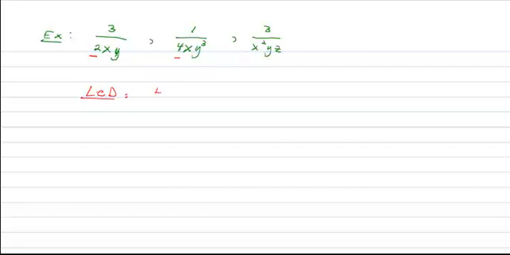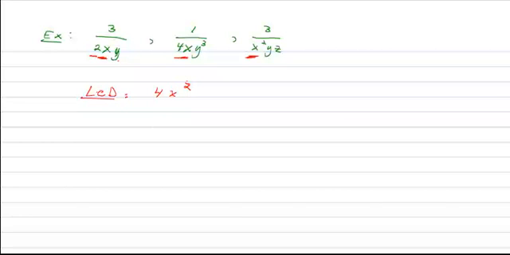That's going to be 4. Now let's look at the variables. In the first expression, we have x to the first power, so we know we need x. Question is, how many factors of x do we need? We have 1 in the first expression, we have 1 in the second expression, but we have 2 of them in the third. We want the most number of times it occurs as a factor, so we want 2 of them.